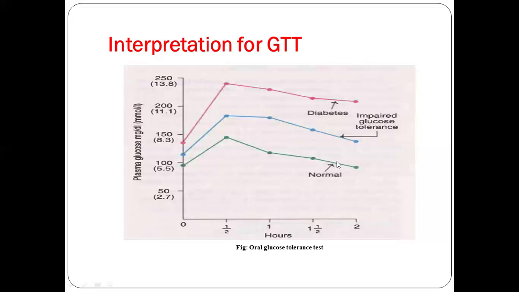So this test shows that the normal individual is able to tolerate the glucose which has been given orally. But in impaired glucose tolerance, the individual is somewhat able to tolerate, but not exactly. And this is the diabetes. The tolerance capacity is almost affected. So it confirms the person is suffering from diabetes mellitus. So that is the confirmation.